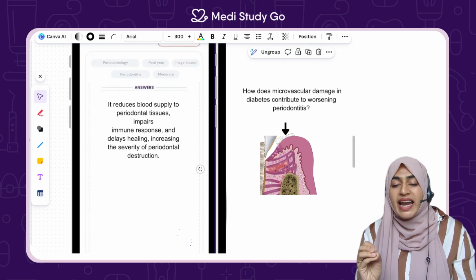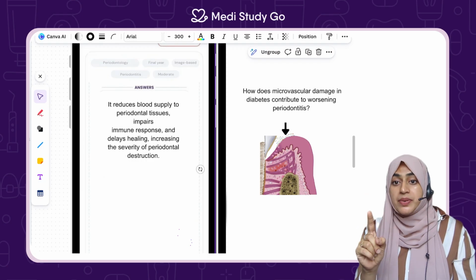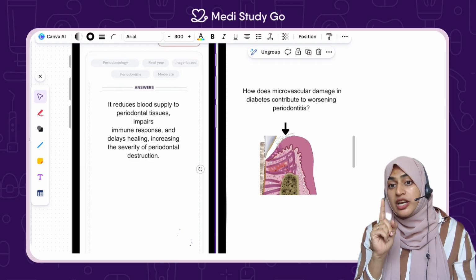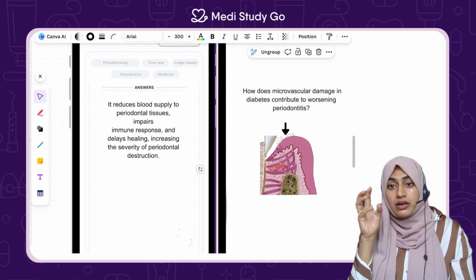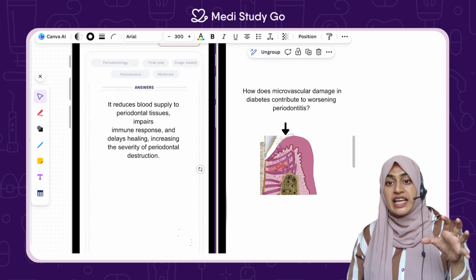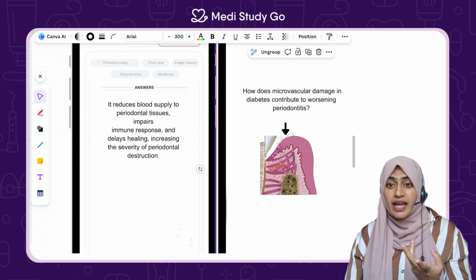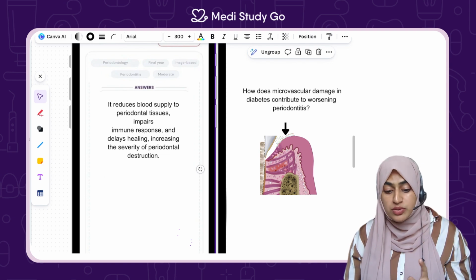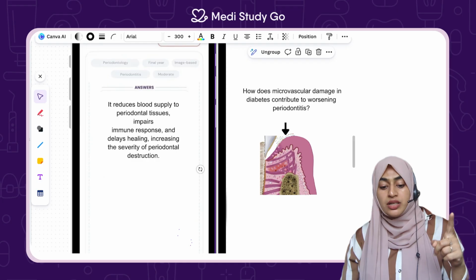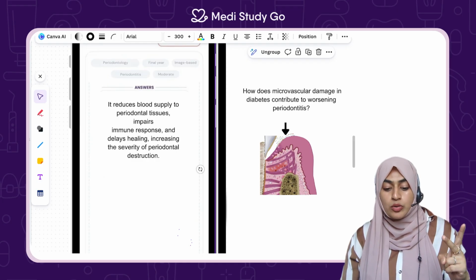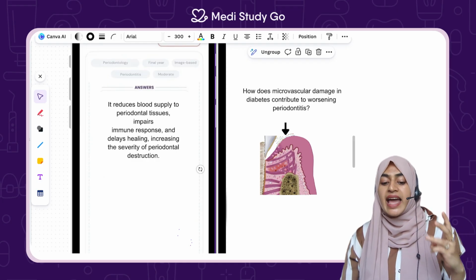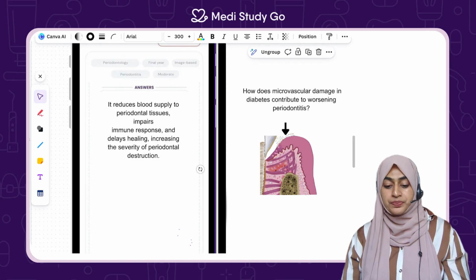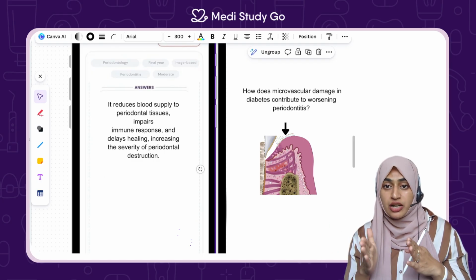Also, with the flowing RBCs, there is a reduced level of oxygen being delivered to each area. These are the two mechanisms by which microvascular damage mainly happens. So it reduces the blood supply to the periodontal tissues, impairs the immune response, delays healing, and increases the severity of periodontal destruction. So this much is about the flashcard for today.